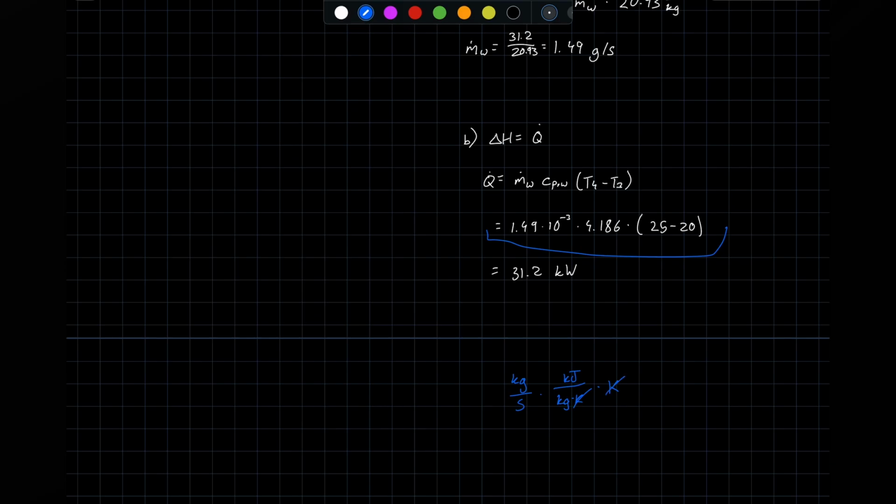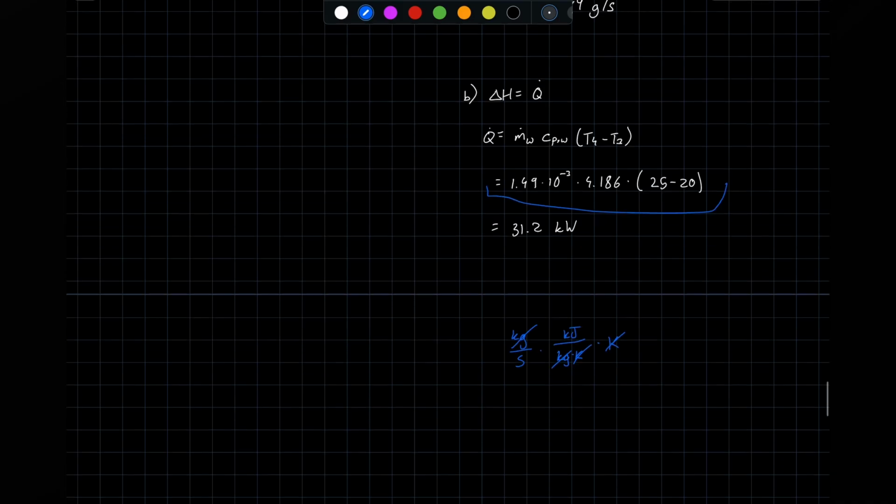So here Kelvins cancel out, kilograms cancel out, which leaves you with kilojoules per second, which is the same as kilowatts. So this is probably just a typo.